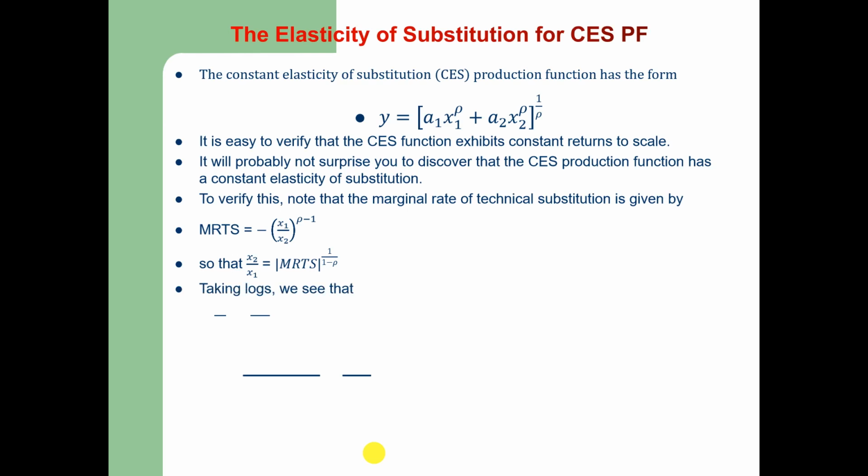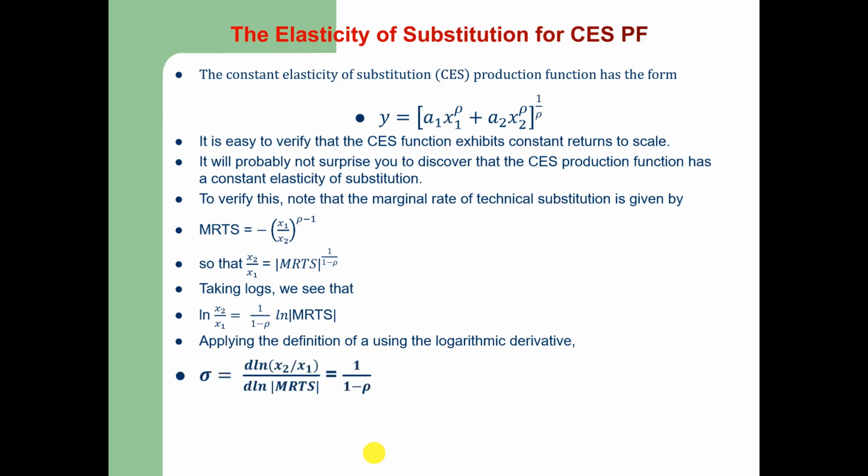If we take the natural log on both sides, we get the natural log of x2 divided by x1 equal to 1 divided by 1 minus rho times the natural log of MRTS. Applying the definition using a logarithmic derivative, we get that sigma, that is the elasticity of substitution, is equal to 1 divided by 1 minus rho.